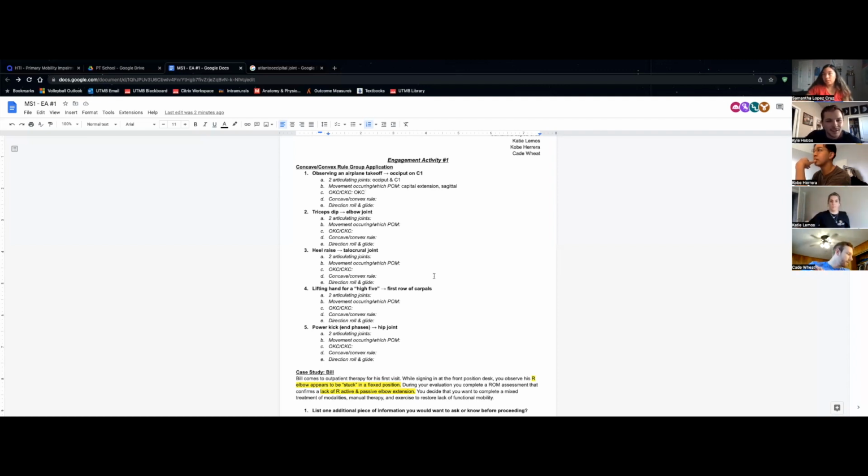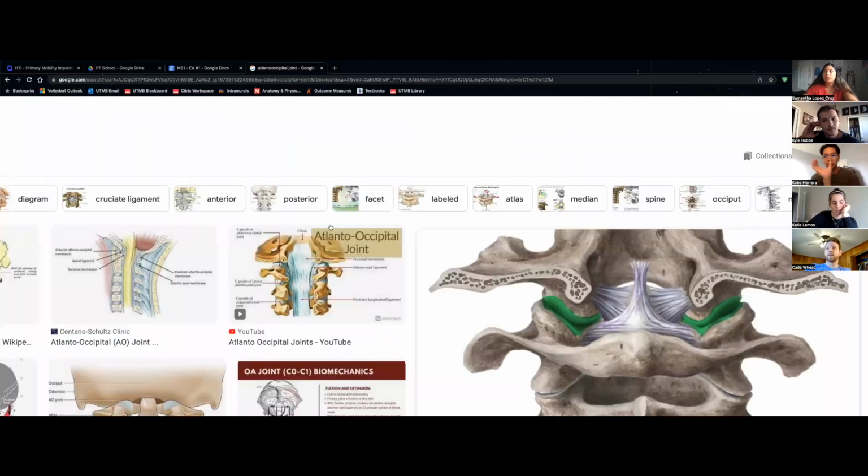Okay, so then the one moving is the occiput. So it's the convex rule. For some reason I thought the occiput was concave, but I think C1 is concave. C1's concave because it's like this, and the back of your head is the round one.